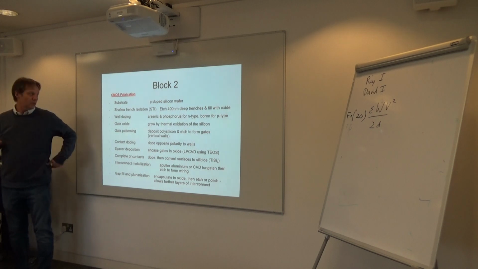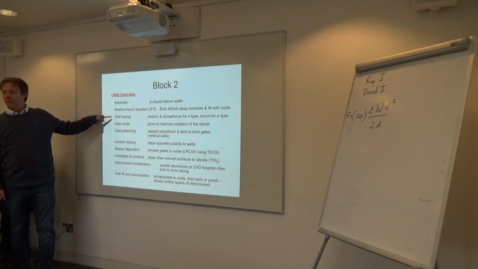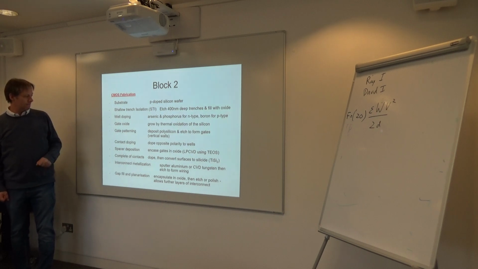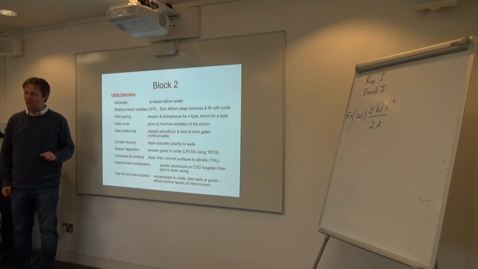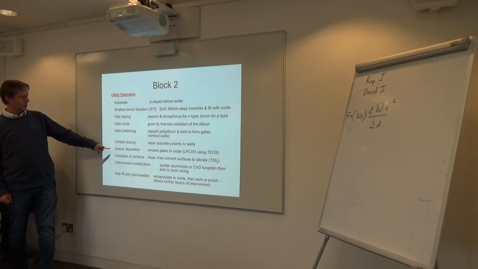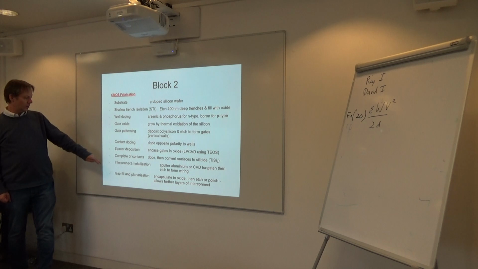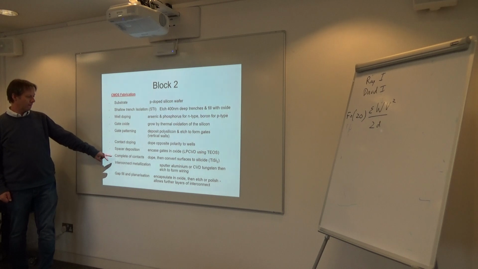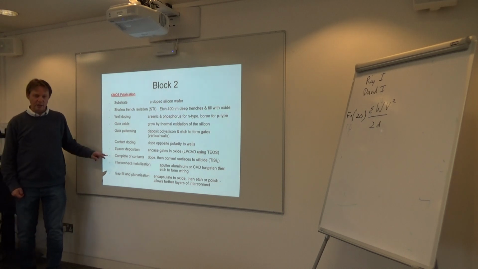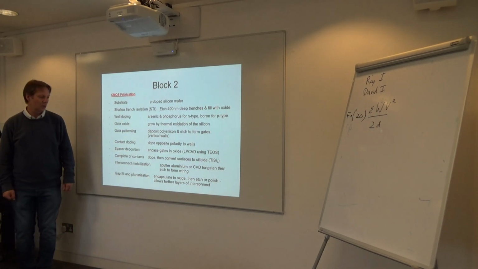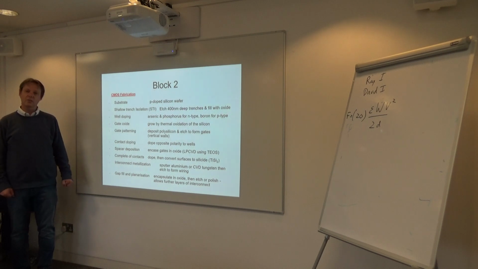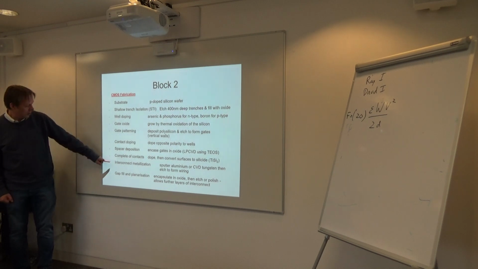So basically, as you said, trench isolation, then you dope the wells, then you grow the gate oxide, pattern the gates, dope the contacts. That's the area that you saw either side of the channel in the earlier slide. Encasing your gates in oxide, spacer deposition, making the contacts, basically you convert the surface of the contact to this silicide so that you can make a metal contact onto it without it acting as a Schottky diode.